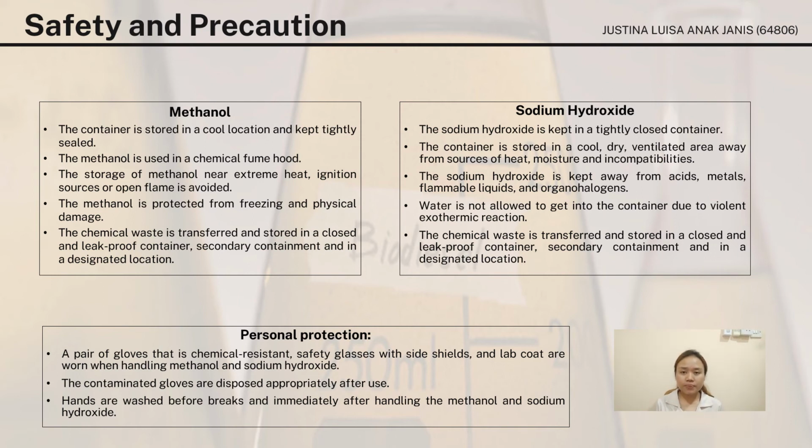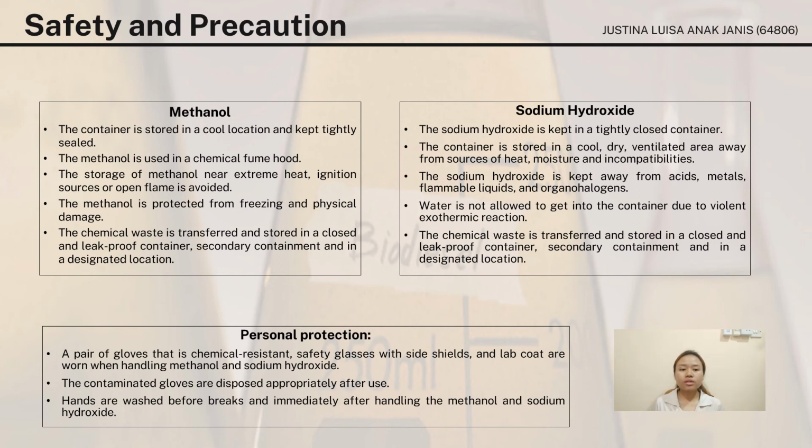As for sodium hydroxide, which may be in pellet form or liquid form, first, it must be kept in a tightly closed container. Second, the container is stored in a cool, dry, and ventilated area away from sources of heat, moisture, and incompatibilities.